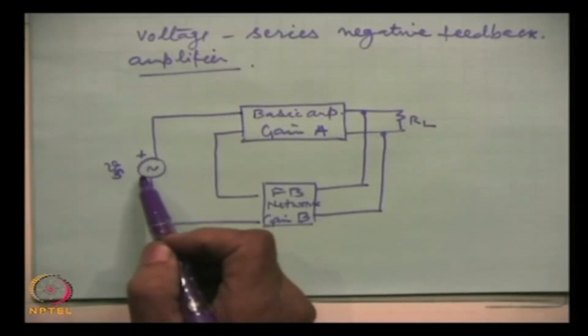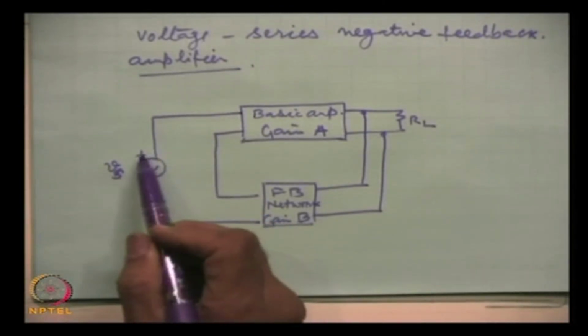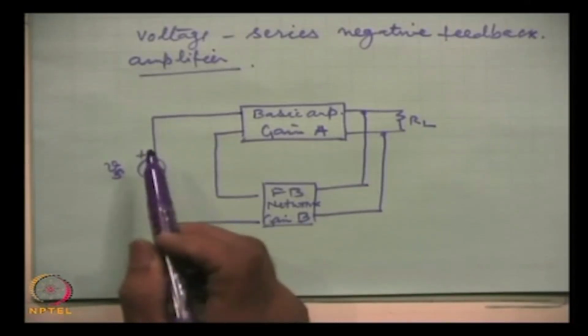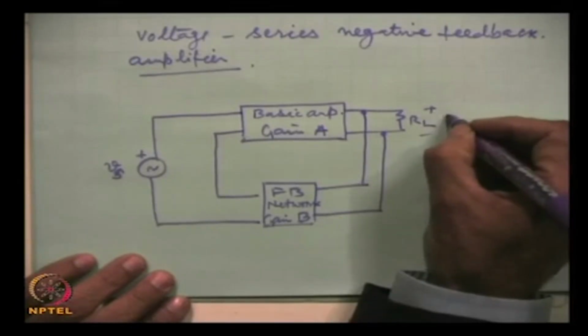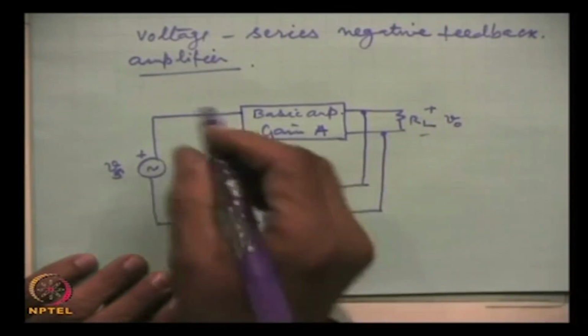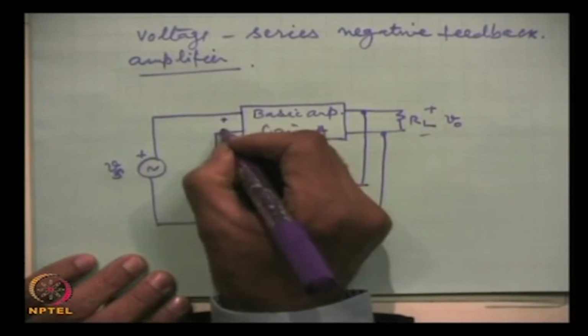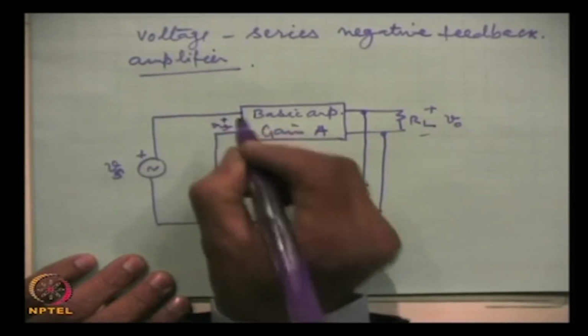This is alternating, but we show it at an instant when this is positive, and similarly here this is V 0 and here is plus minus V e.